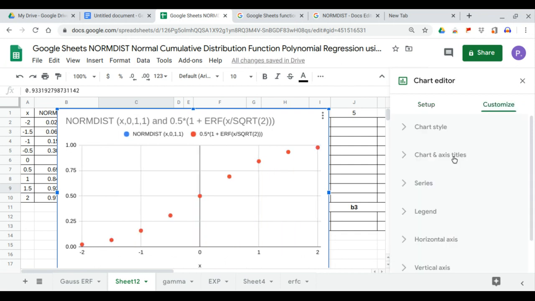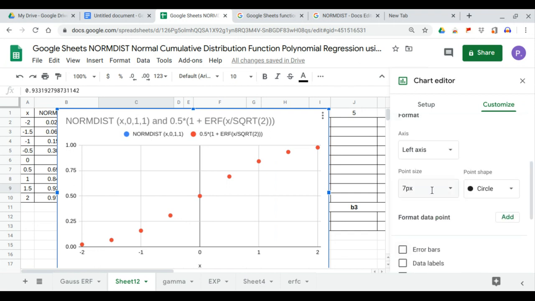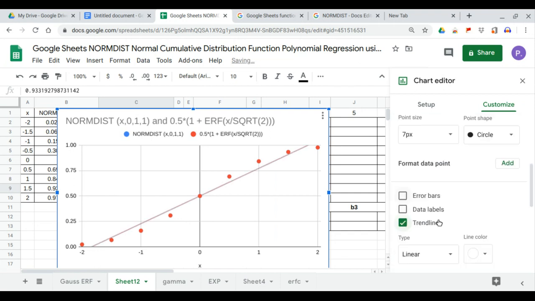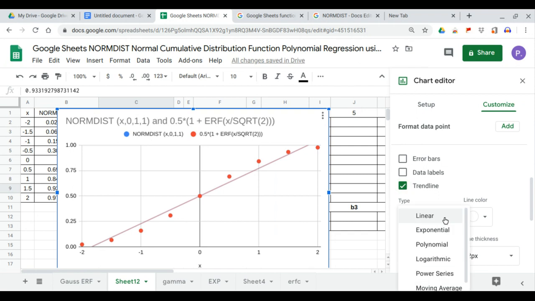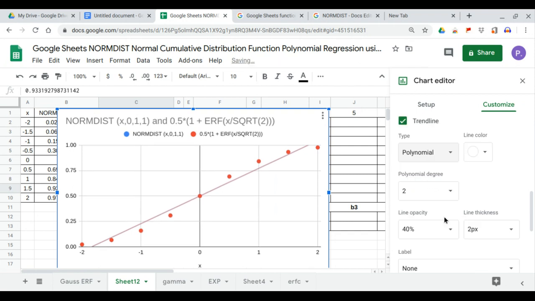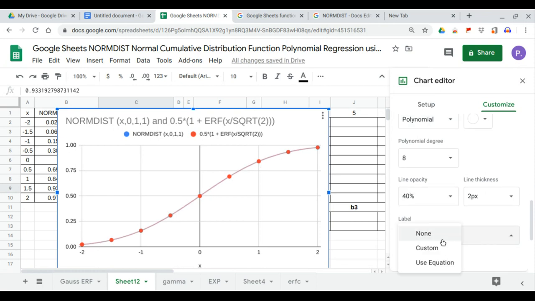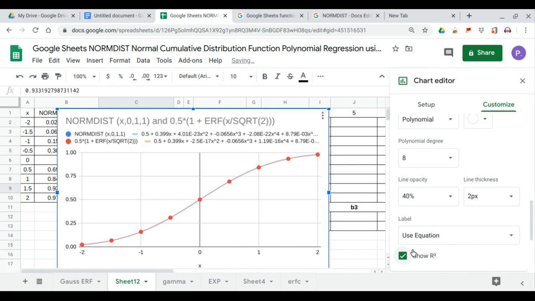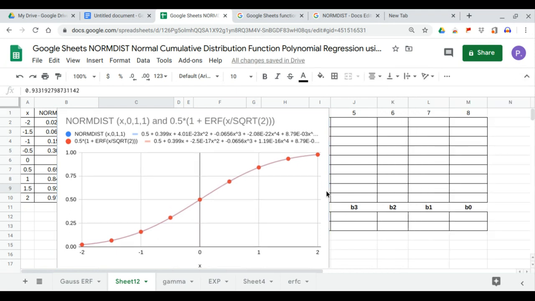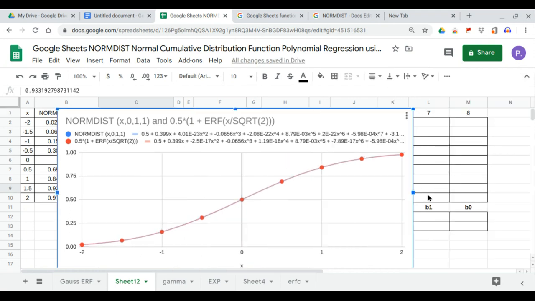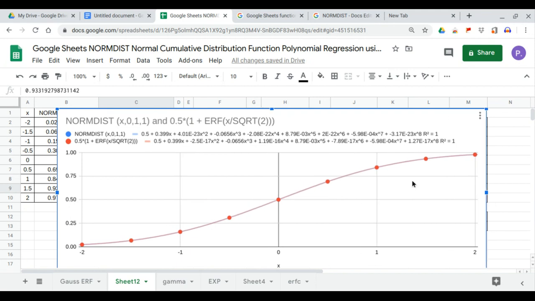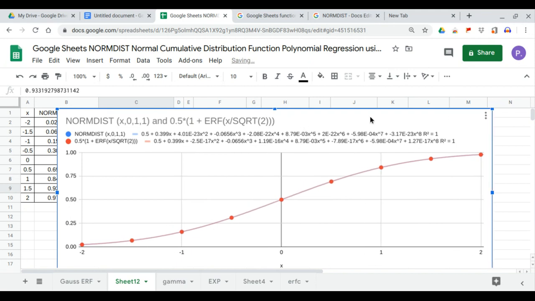And we'll regress it to a trend line that fits best. That's a polynomial, and we'll choose the highest level, 8. I will show the equation. So here we have the best fit, r squared equals 1.